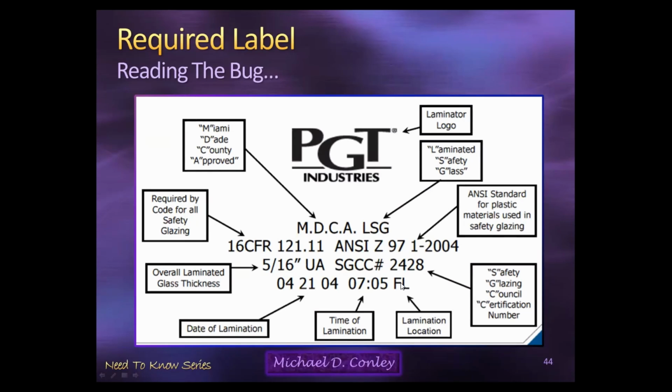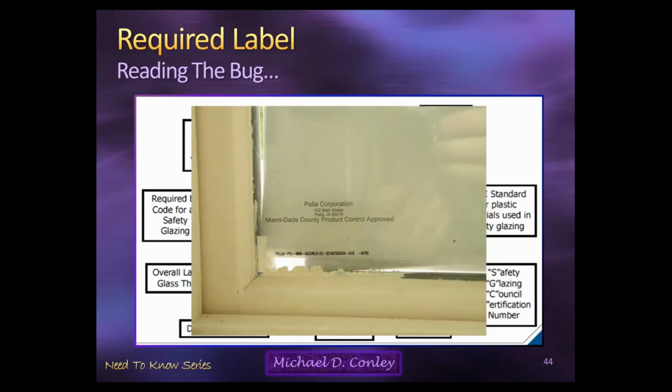That's going to tell you where it was made, where it was manufactured. And all of these things are going to be both in the label at the header of the window or door and also located in the bug. The problem with the bug is you don't always get to read it because of where it's located. And sometimes it's obscured by other things. Here's a different company. This is Pella, but their bug is etched on here, as you can see.